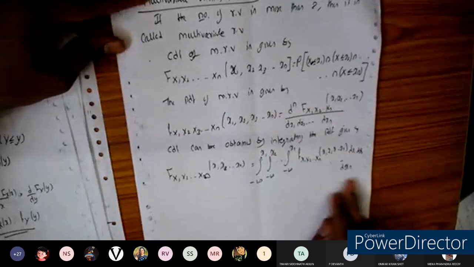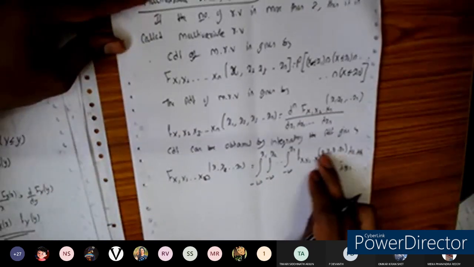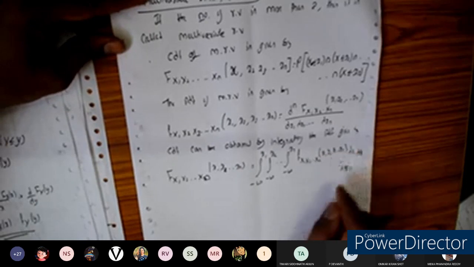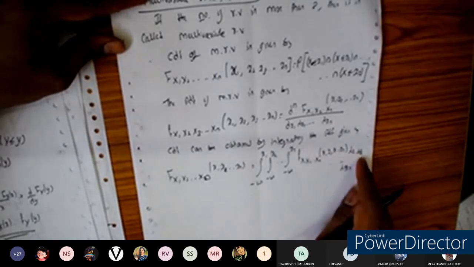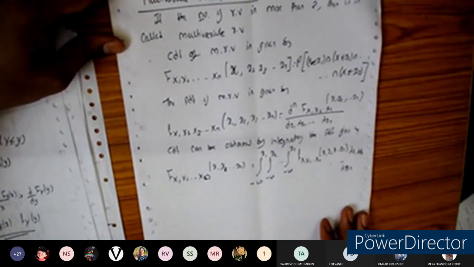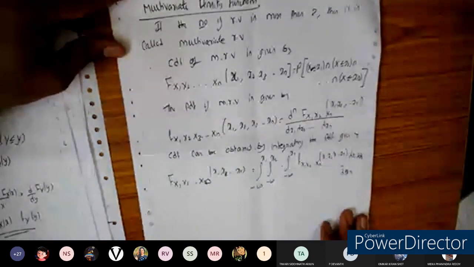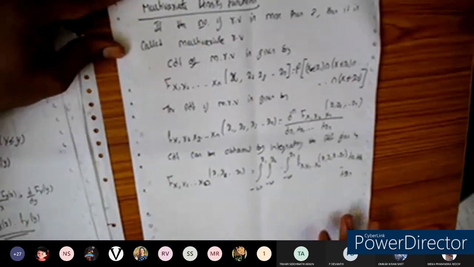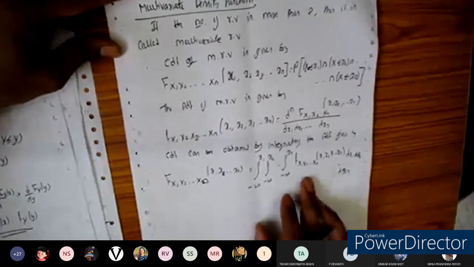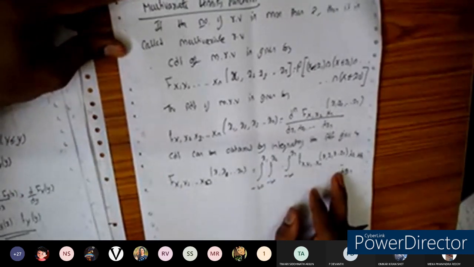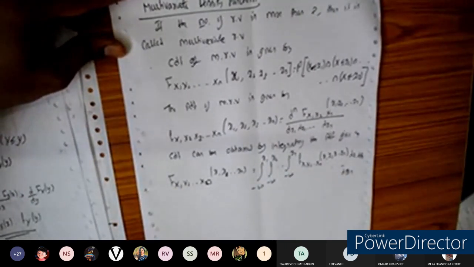We can also use the dummy variables u1, u2 up to un. So the CDF can be obtained by integrating the PDF.